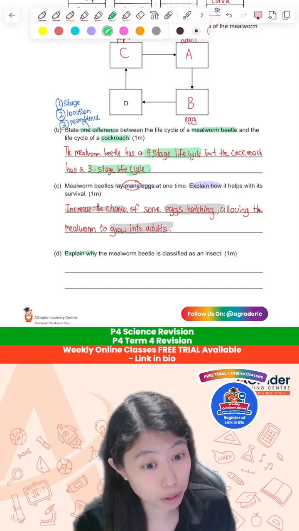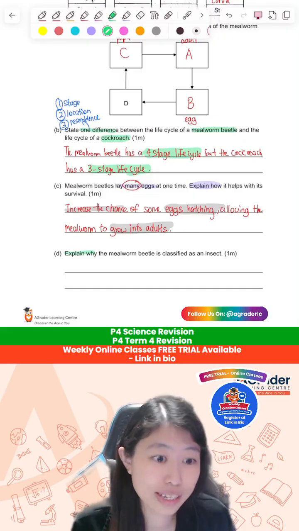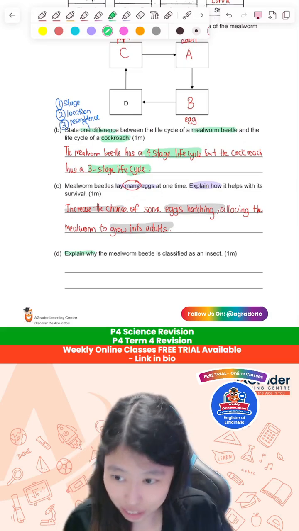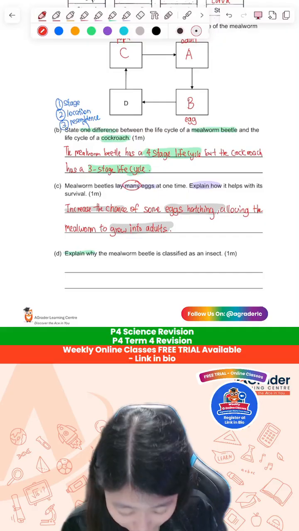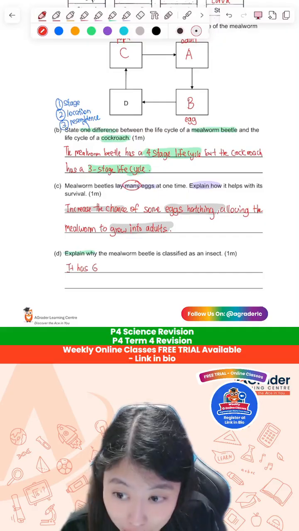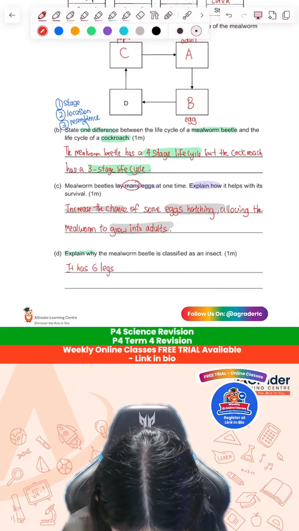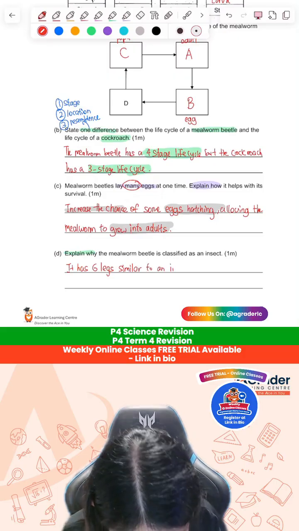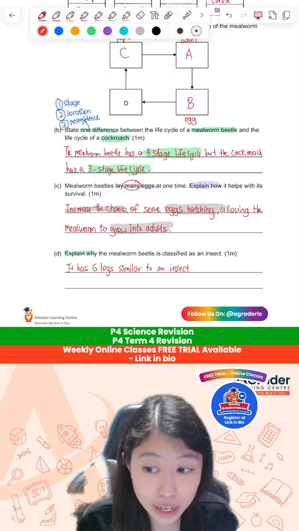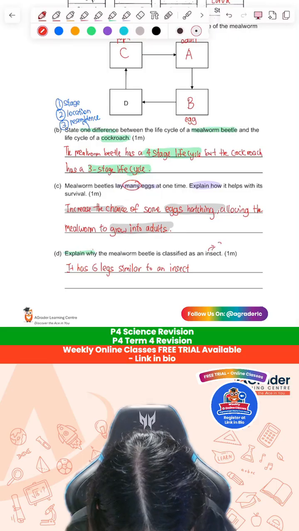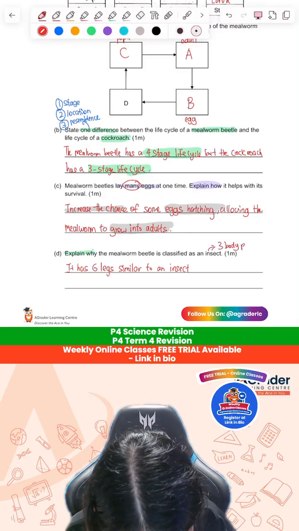It has three body parts: head, thorax, abdomen. It has six legs. Very good. So you have to say that it has six legs, similar to an insect. If you want to say three body parts, also can. There are two accepted answers here.